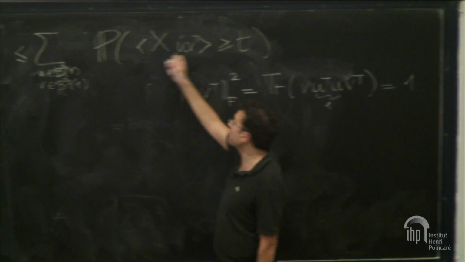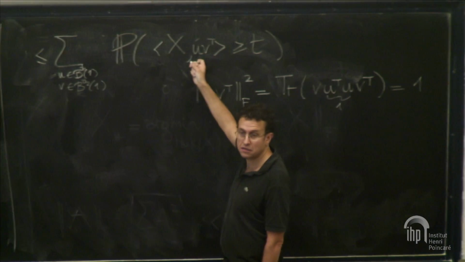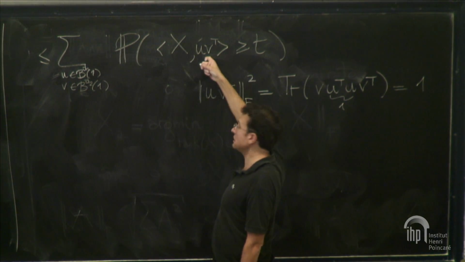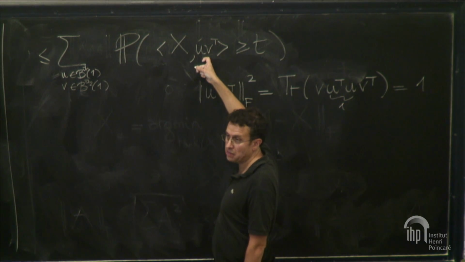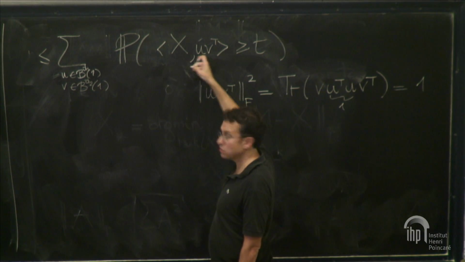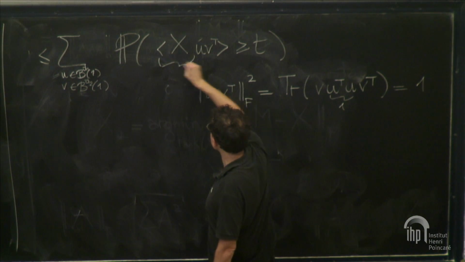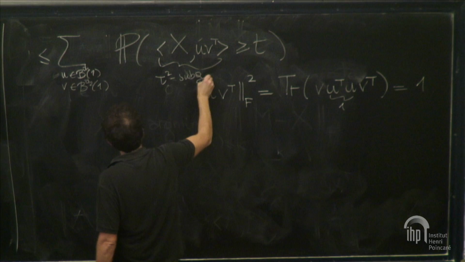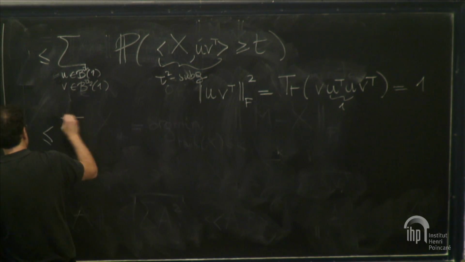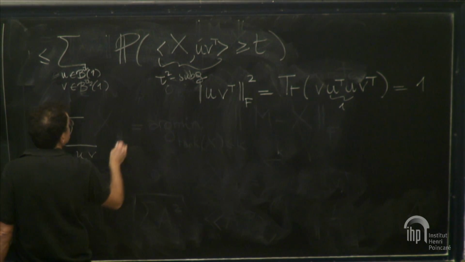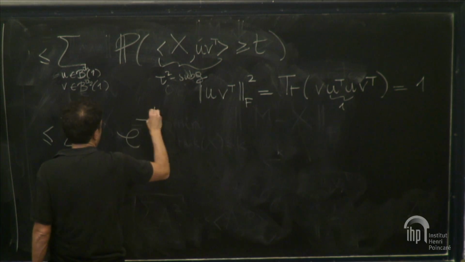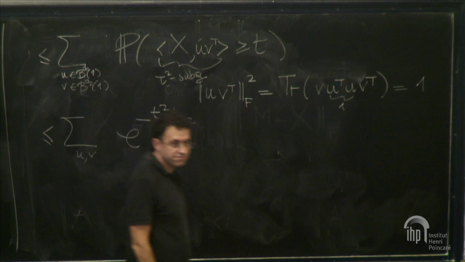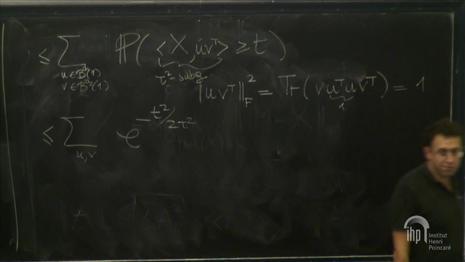All right, so I'm multiplying a sub-Gaussian vector by a vector of norm 1, so it's a tau square sub-Gaussian random variable. Okay? So I get a nice small probability.